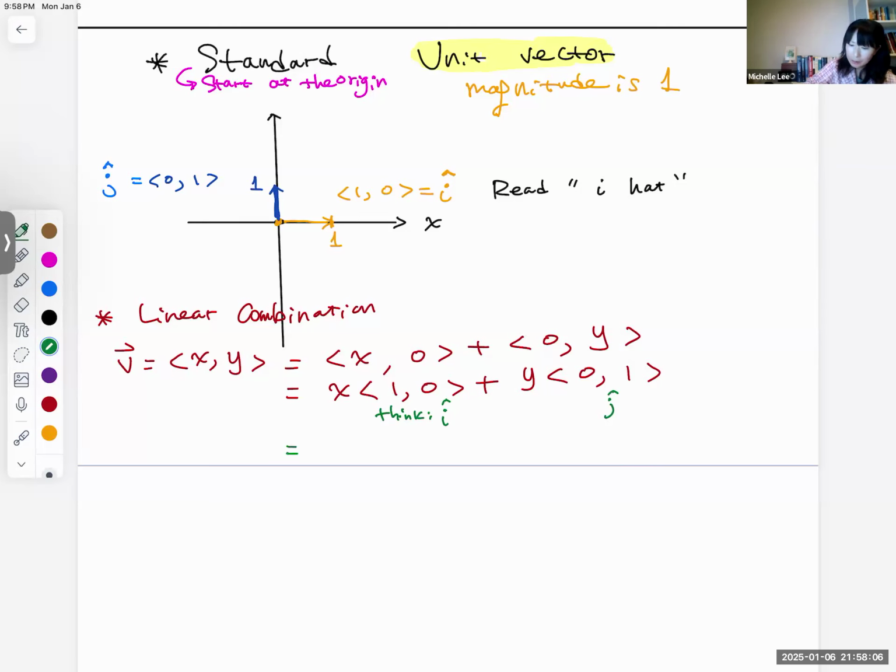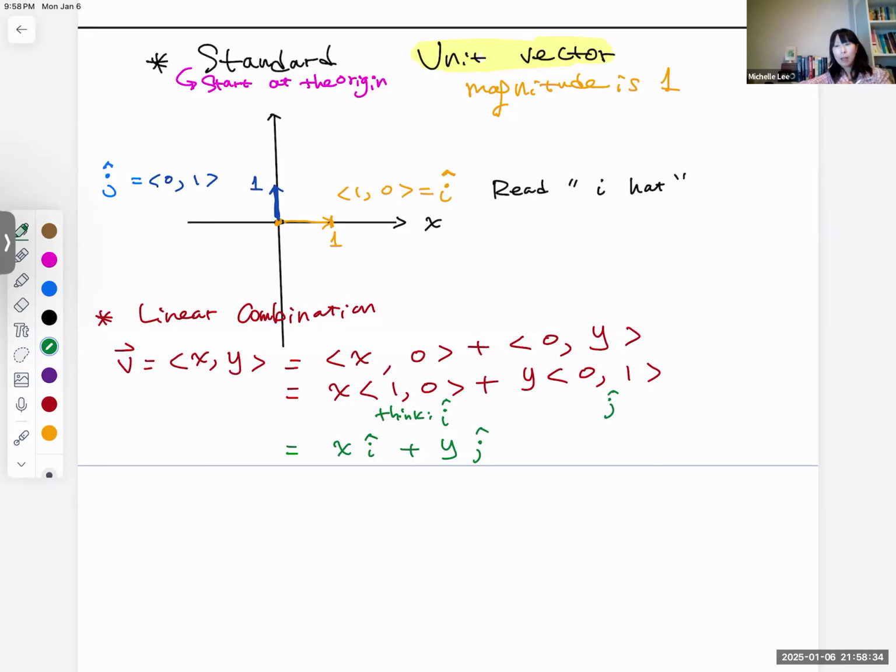Then we can say this is x i hat plus y j hat. So this is a linear combination form. Another terminology. Make sense?